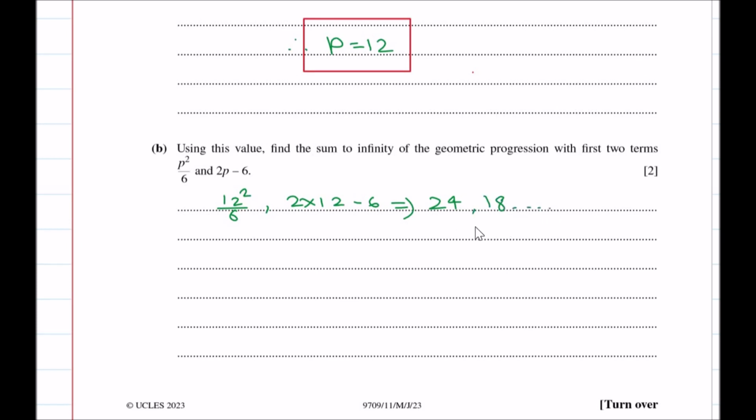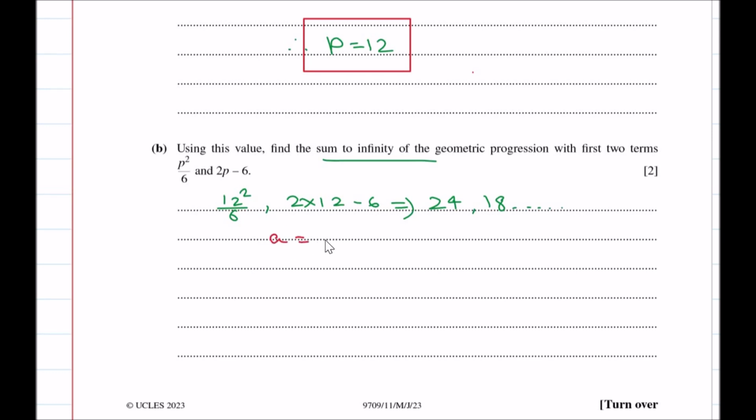And so far we can find the other terms, right? But two terms are given, so we'll consider only two. So we have to find sum to infinity, right? And we know the sum to infinity formula is a by 1 minus r. So a we have, r required. So let us write a in this.